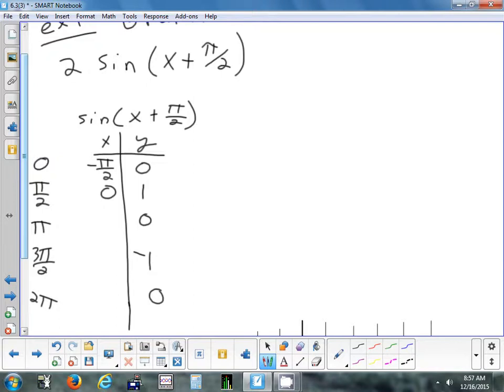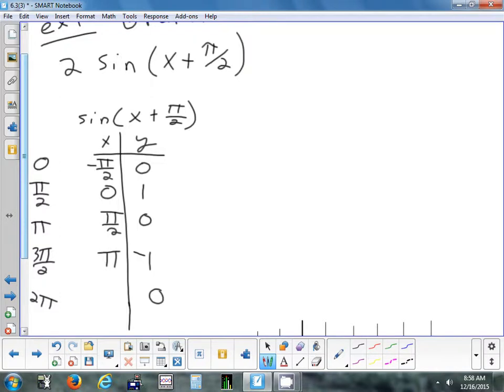Okay, the third one is pi minus pi over 2. What's that going to be? 1 pi over 2. Yep. How about 3 pi over 2 minus pi over 2? 2 pi over 2, which becomes just pi.